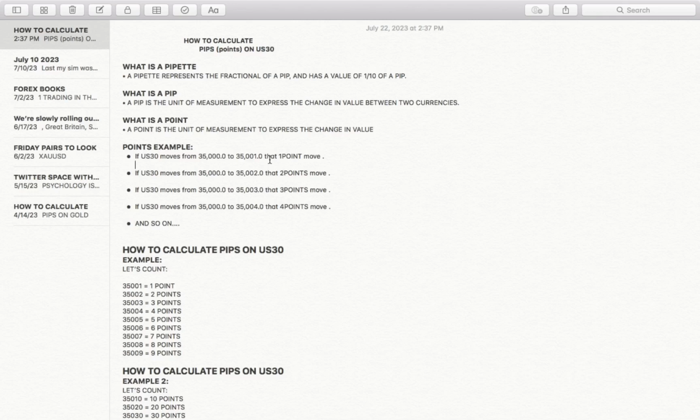That's why it's called US30. So if it moves again to 2, we say we have a 2 point move. If US30 moves from 35,000 to 35,003, you say a 3 point move. If it moves from 35,000 to 35,004, we say a 4 point move, and so on.